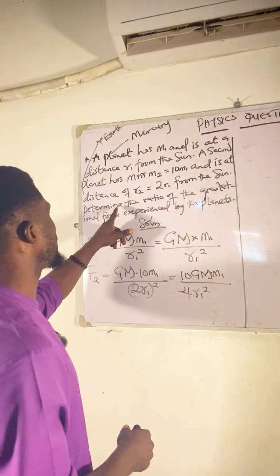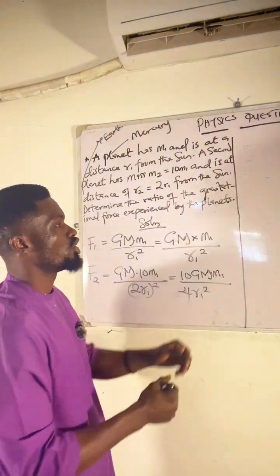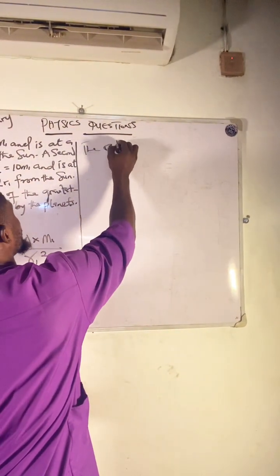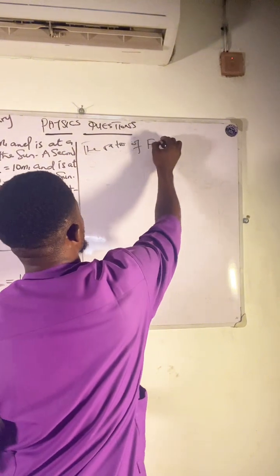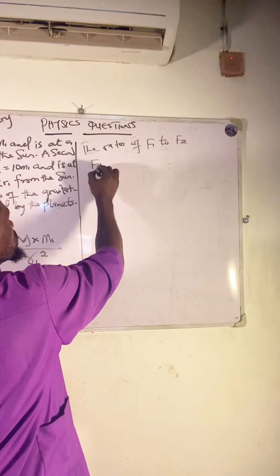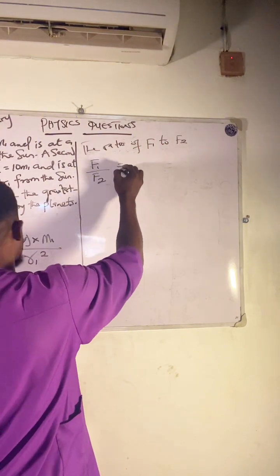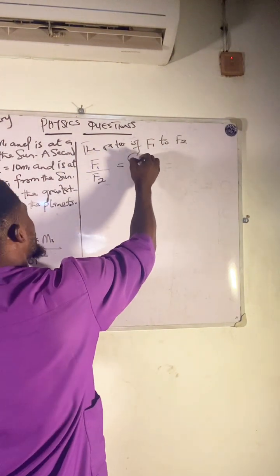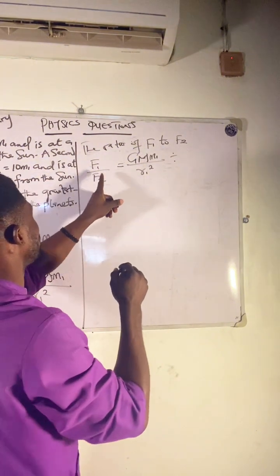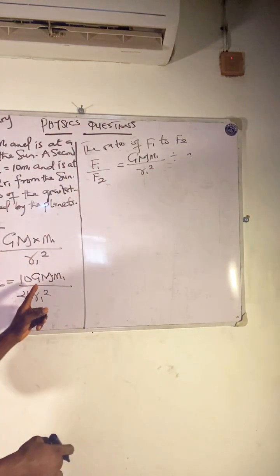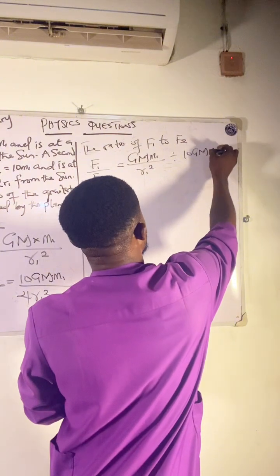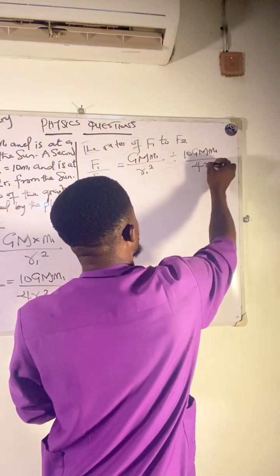But the question says we should determine the ratio of the gravitational force experienced by the planets. So we're going to have the ratio of F1 to F2. F1 over F2 is equal to G M1 all over R1 squared, divided by F2, which is 10 G M1 all over 4 R1 squared.